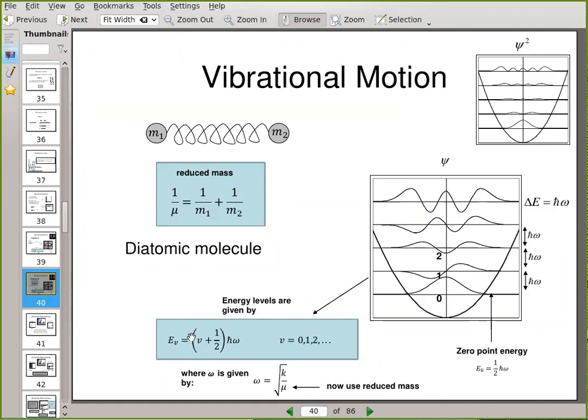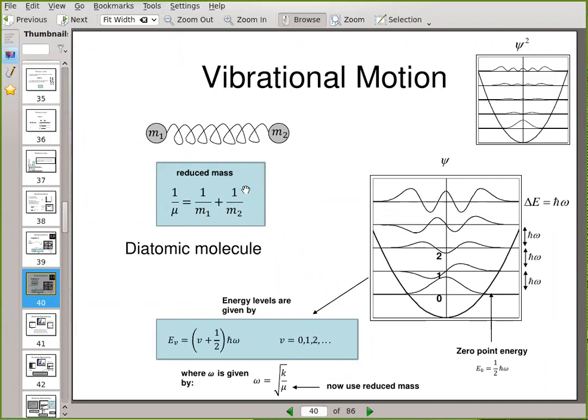So let me give you an example. Imagine if you had a heavy atom, maybe a heavy halogen like iodine, and you had a small mass like hydrogen. Then of course your reduced mass, when you have a look at it, is 1 over a large number for iodine plus 1 over 1 for your hydrogen.